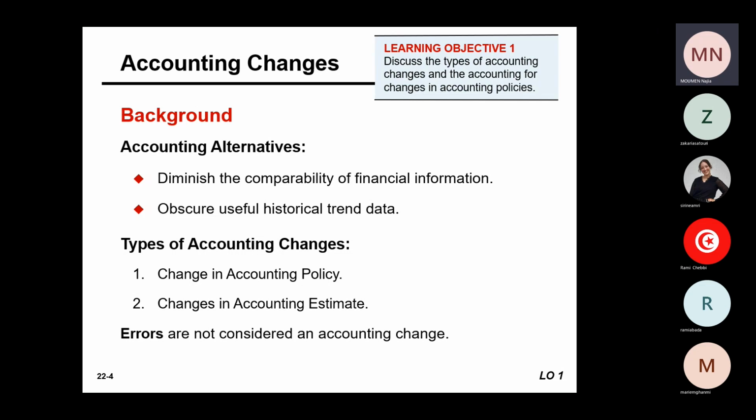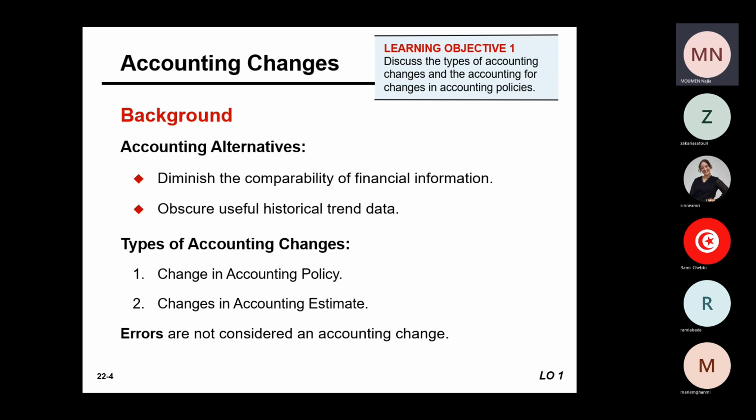So it's not the only ones, okay? If you go back to the conceptual framework for financial reporting, you may also learn about replacement costs. In addition to historical costs, you have replacement costs, fair value, exit costs, etc. So you have really many alternatives, okay?